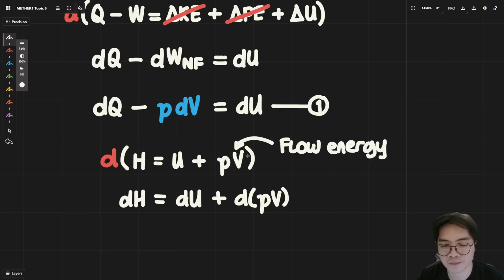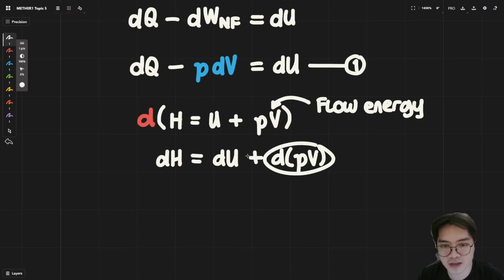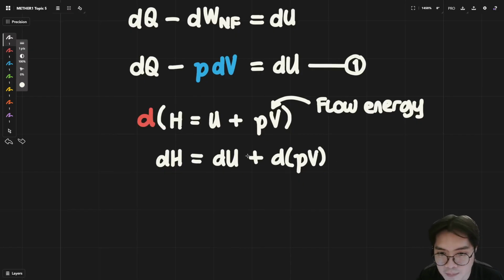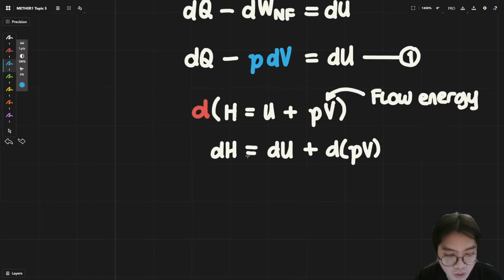This is a product of two different variables. It's not that one is constant and the other is a variable; both of them are variables. So we will do the product rule.